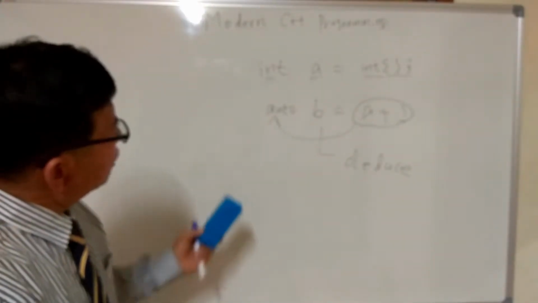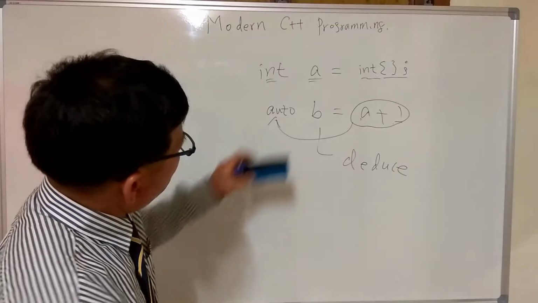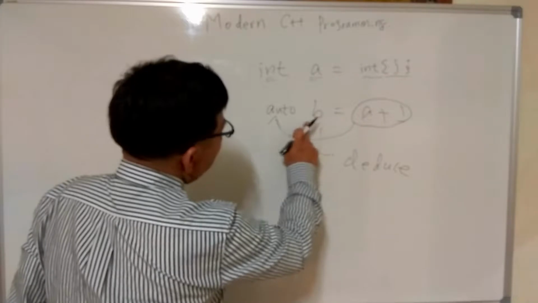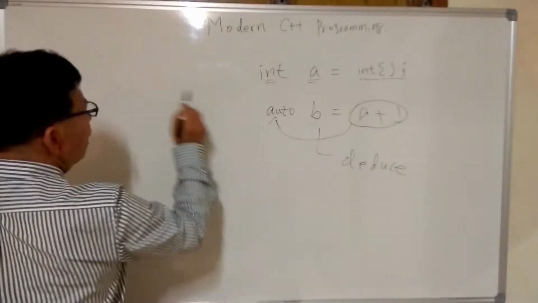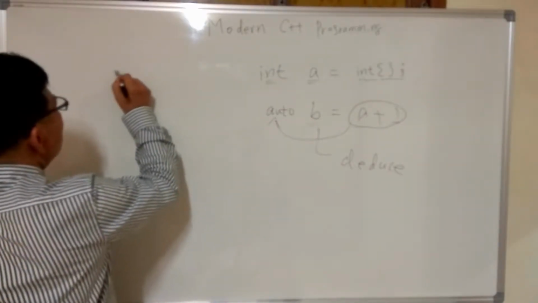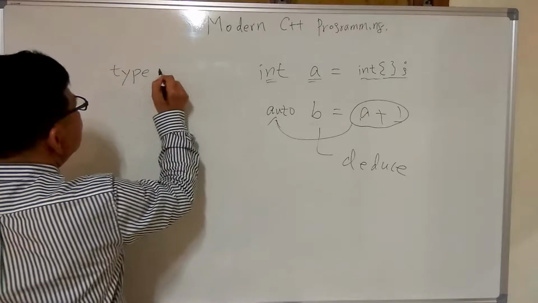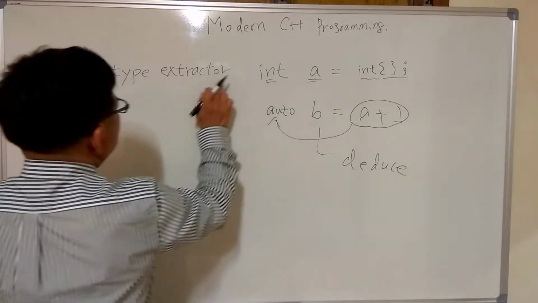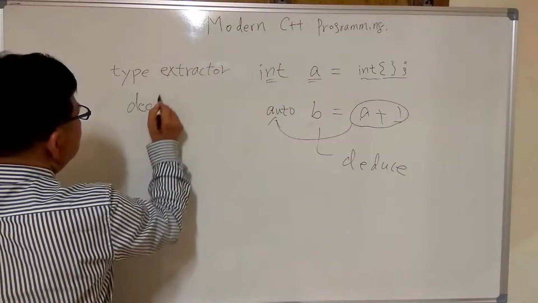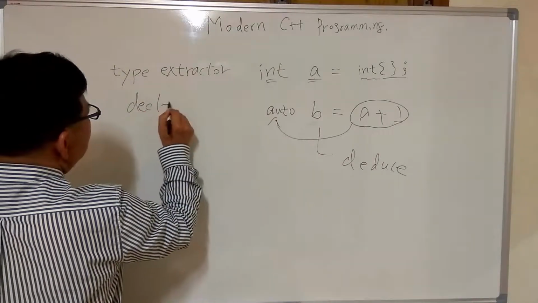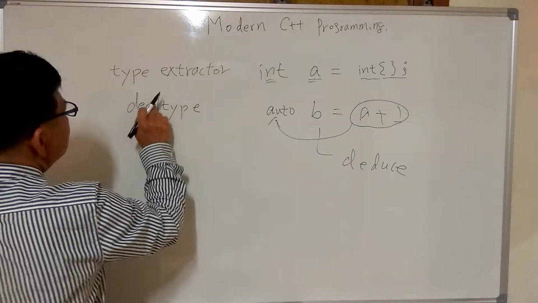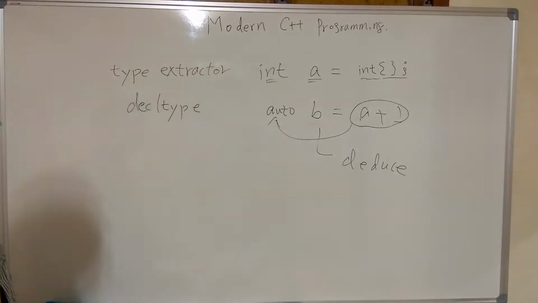Okay, if we want to know the type of b, we can use the type extractor decltype. This is the keyword.